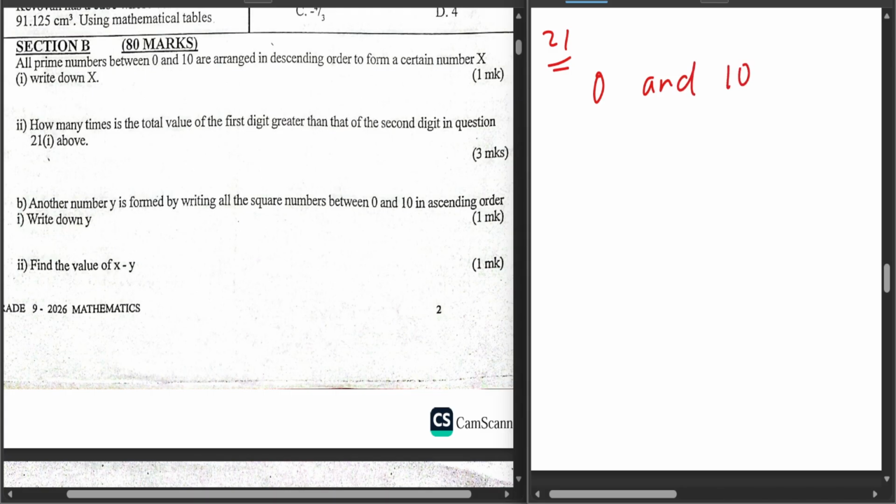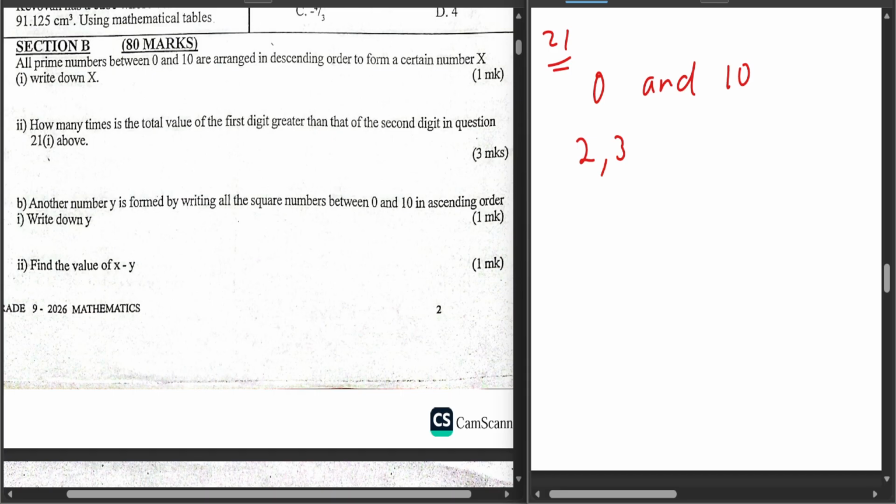The prime numbers that we have include 2. 1 is not a prime number. Now, prime numbers are numbers that only have 2 factors. That is, it can divide by itself and 1. So if you take an example like 2, 2 can be divided by 2 and also 1. 3 is also a prime number. 1 is not a prime number because it just has 1 factor.